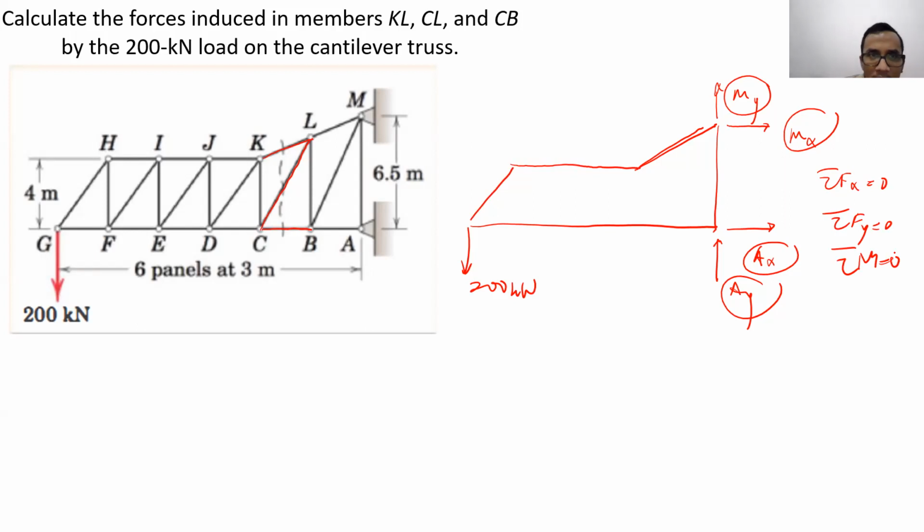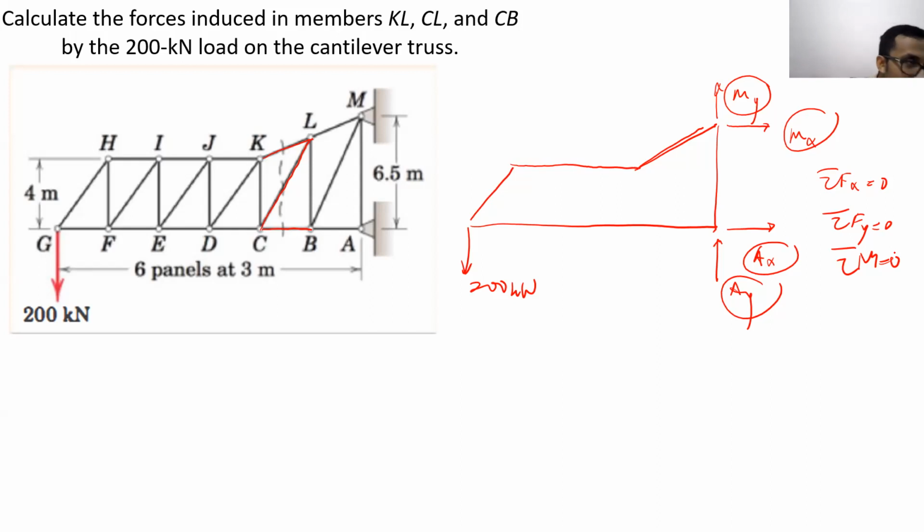So in that case, what should we do in order to solve for KL, CL, and CB then, Daniel? Hello, Daniel? I'm not quite sure, sir. Okay, let me guide you.